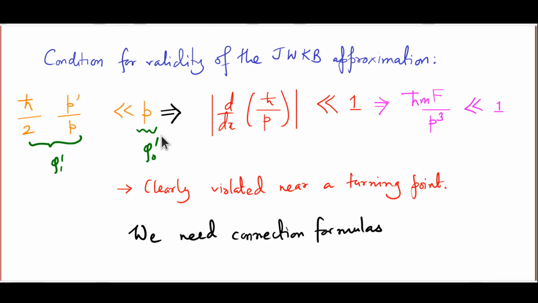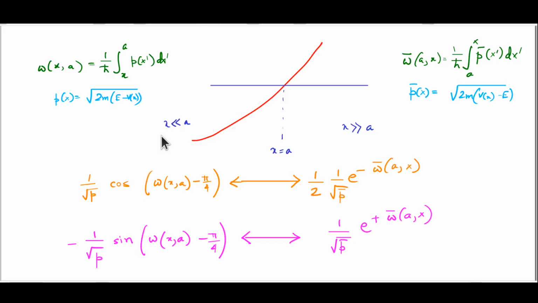But what we need really are the final results, which are how the exponential solutions on the classically forbidden side connect up with the sinusoidal solutions on the classically allowed side. Let us now quickly recapitulate the connection formulas themselves. It is possible to write down a connection formula which will work both when the forbidden region is to the right or to the left, and that is what we are going to do as a summary after a while.